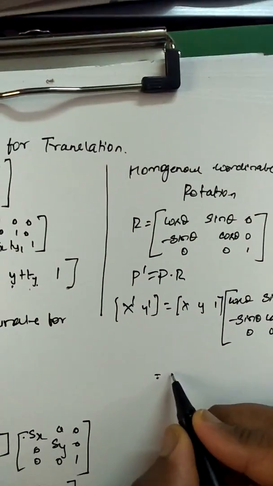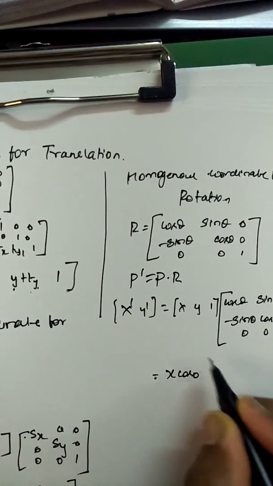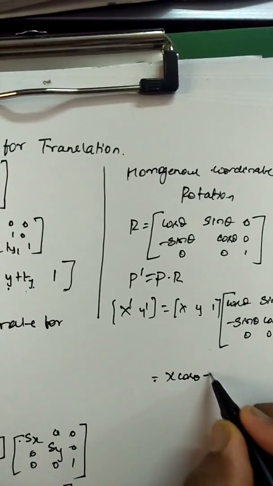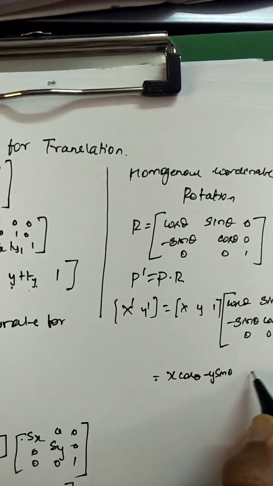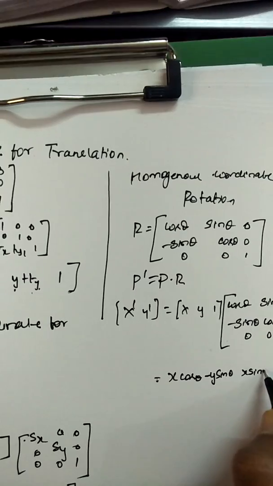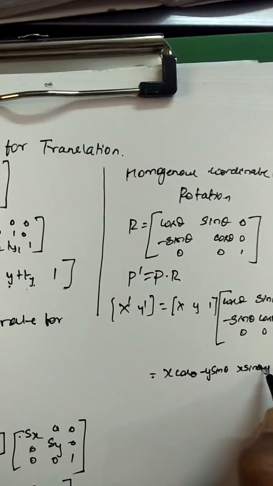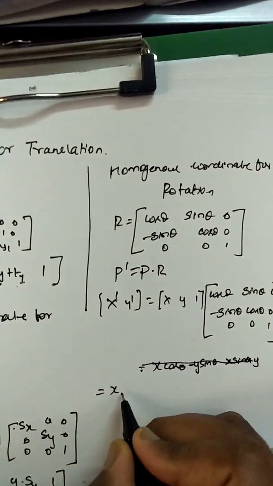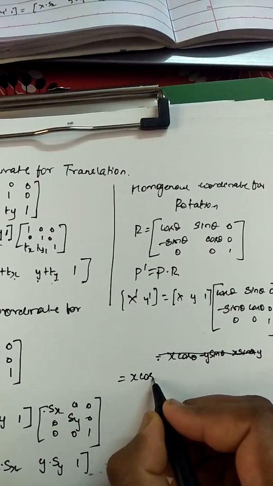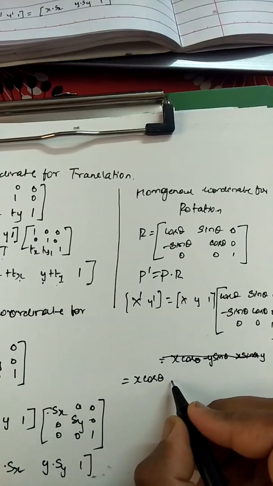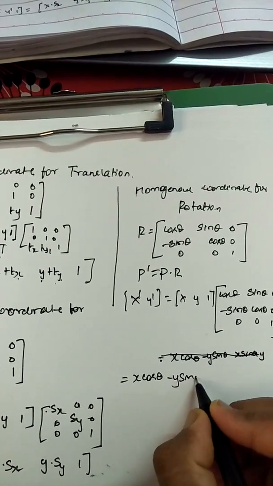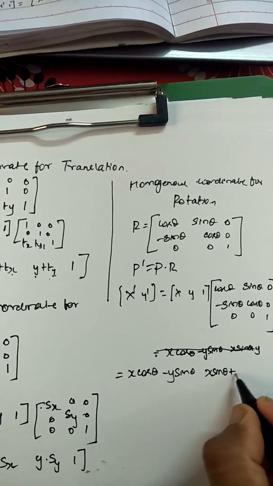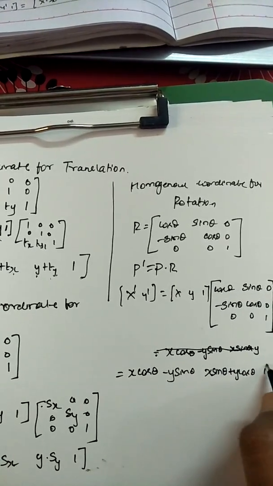Multiply this, you get x cos theta minus y sin theta, x sin theta plus y cos theta and 1.